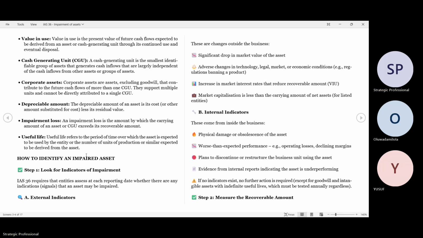The second one is adverse changes in technology, legal, market, or economic conditions. Now, what this means is when there's change in technology, it can affect the value of assets. Let's use a very good example. Before then in Nigeria, there was a time that DVD was reigning. People would just go to the video club, rent a CD or cassette, and once you get to your house, put it in.